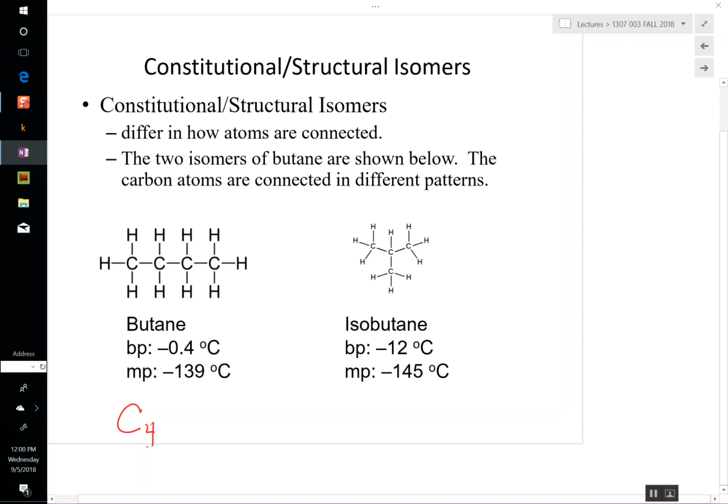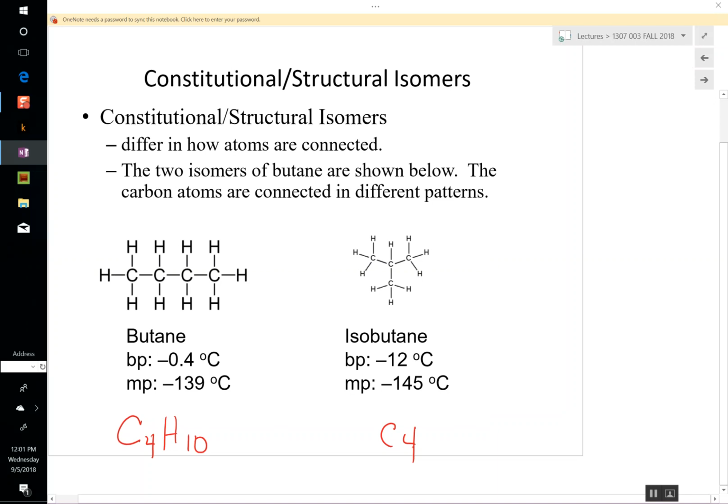C4, 2, 4, 6, 8, 10 hydrogens. C4H10. Let's take a look at this one. 1, 2, 3, 4 carbons. 1, 2, 3, 4, 5, 6, 7, 8, 9, 10 hydrogens.